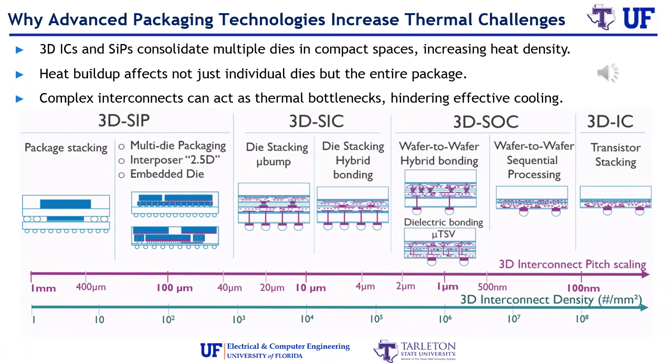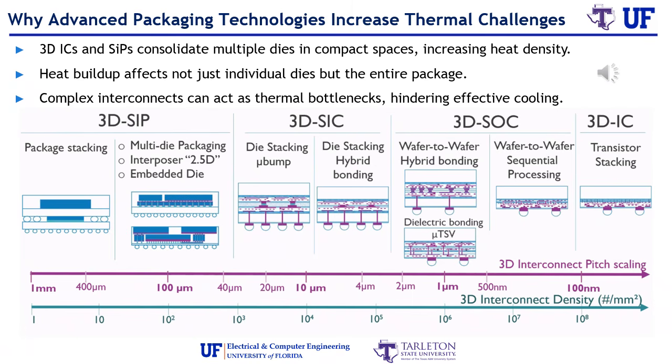This tight integration creates thermal coupling. When one die heats up, nearby dies warm up too, even if they're lightly loaded. Heterogeneous integration, mixing logic, memory, RF, analog, and power devices means different parts of the package have very different power profiles. The result is a highly non-uniform dynamic temperature map.